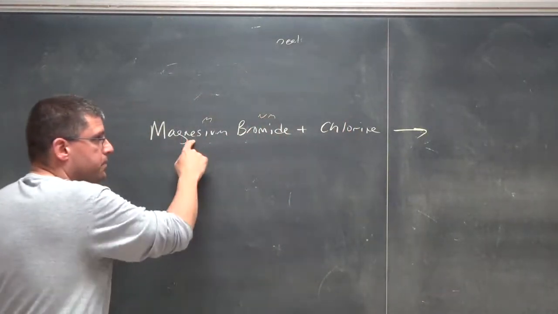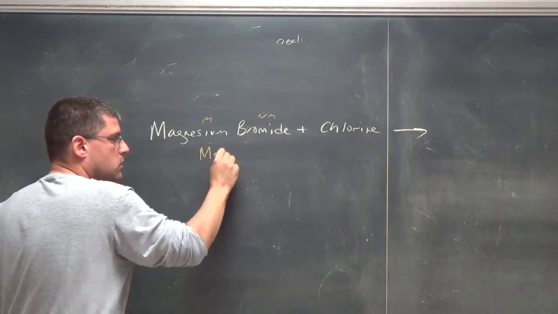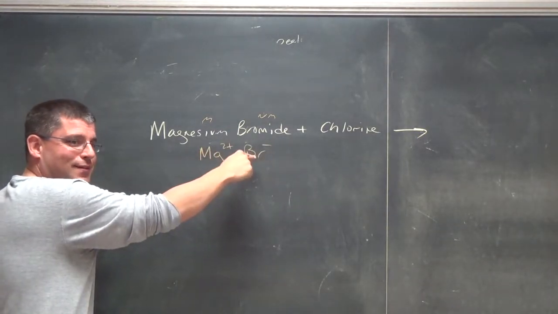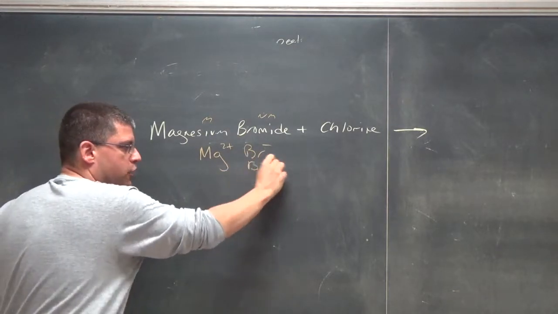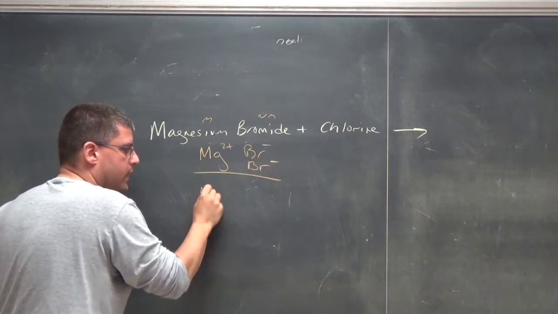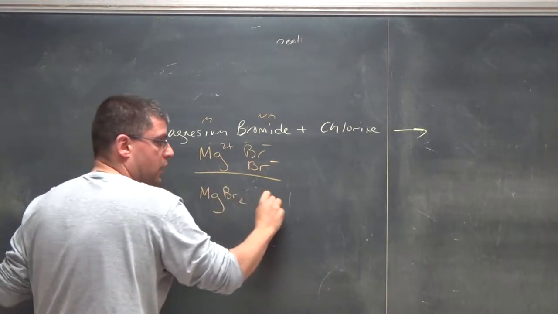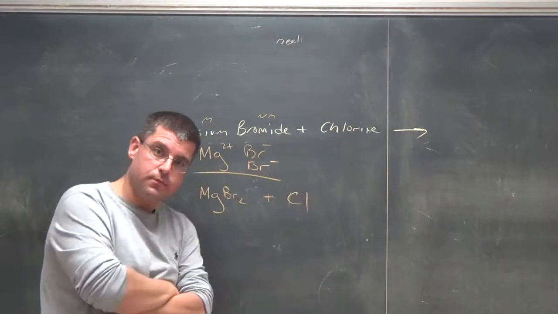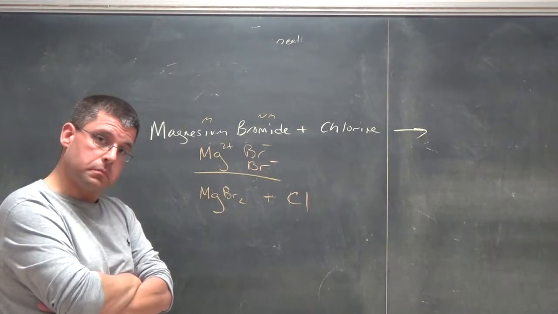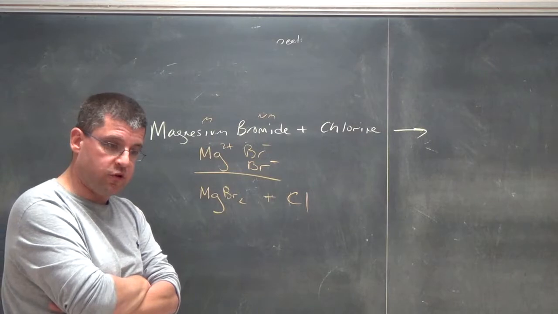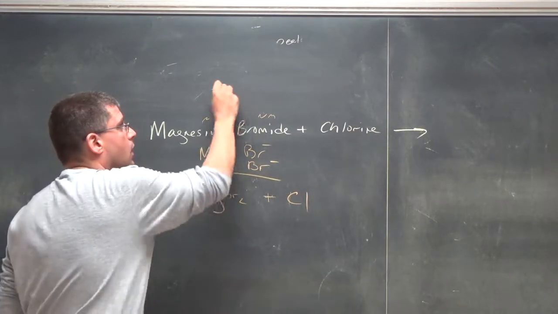Okay, well, hold on. Don't you dare do that crisscross. Okay? You know, and I'm not going to show you each one. You should do this in your head. It's MgBr2 plus Cl. You think that looks right? What should go off in your head? What should you write on the top of each paper?